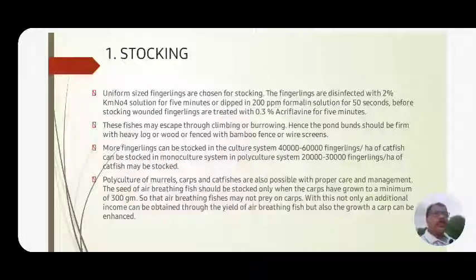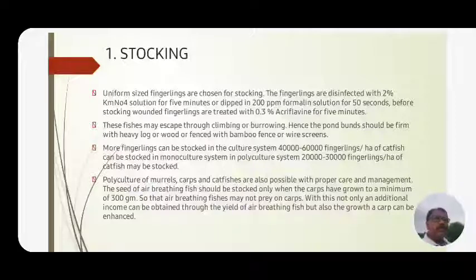In those ponds, carp should grow first so that the air breathing fishes may not prey on carp. When carp grow up to 300 gram, the catfishes will not hunt them as food. With this, not only can additional income be obtained through the yield of air breathing fish, but also the growth of carp can be enhanced.